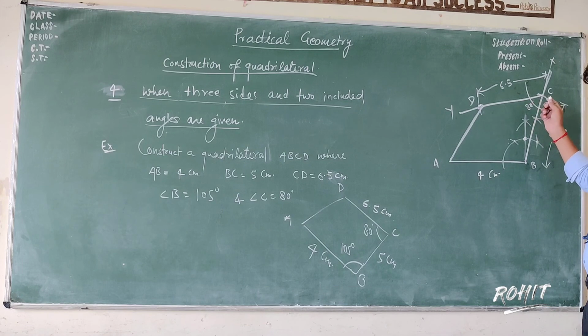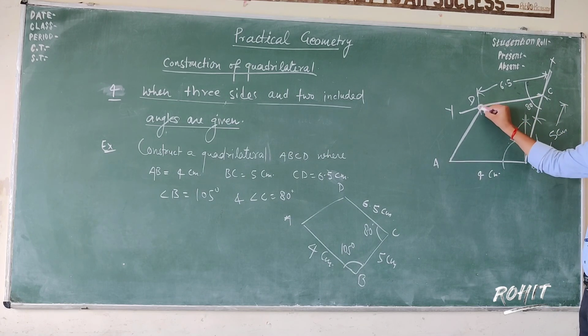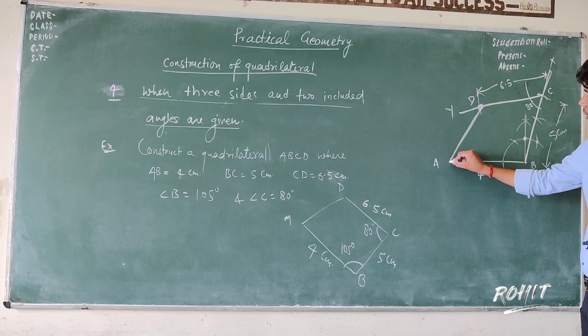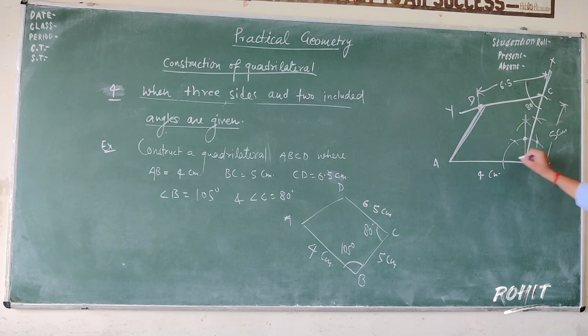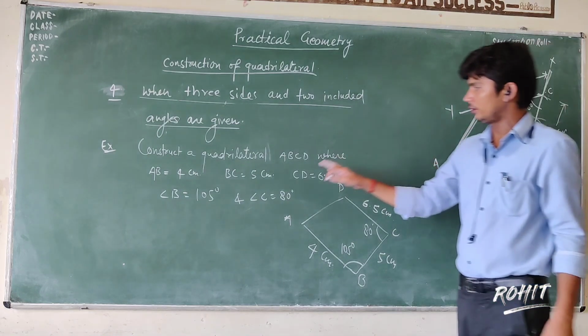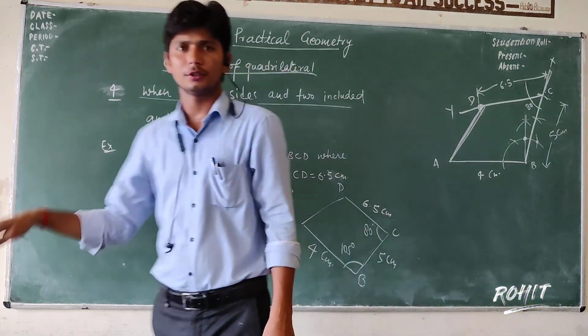Now when we cut the line segment CD, D is this point. Now join A to D. This ABCD is the required quadrilateral on the basis of these informations. Thank you, class.